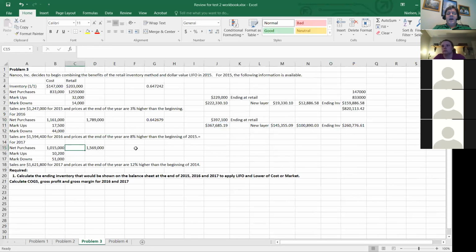So let's see if we have a liquidation this last time to add some excitement to our lives on this problem, okay? So first of all, we do the cost of retail. We take the net purchases divided by the retail value of the net purchases plus the markups, like we've done.